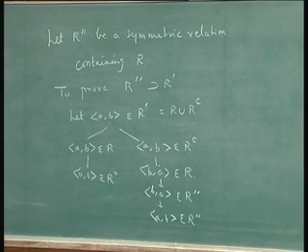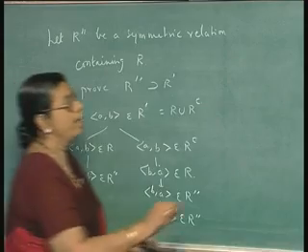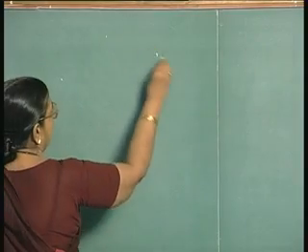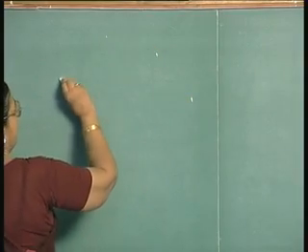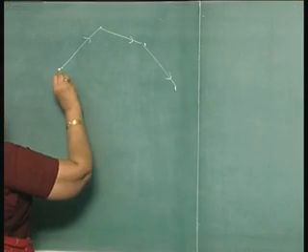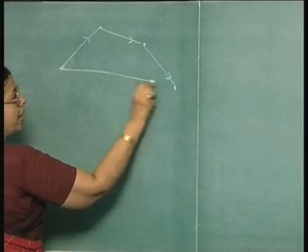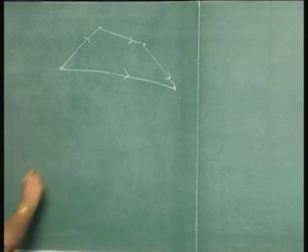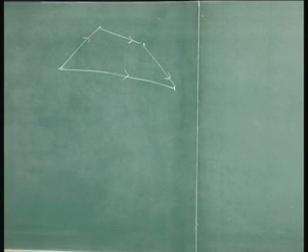Now, let us consider the transitive closure. What is a transitive closure? When you represent the relation as a graph, when you have a path between some nodes, the transitive closure will contain the arc between the two nodes.